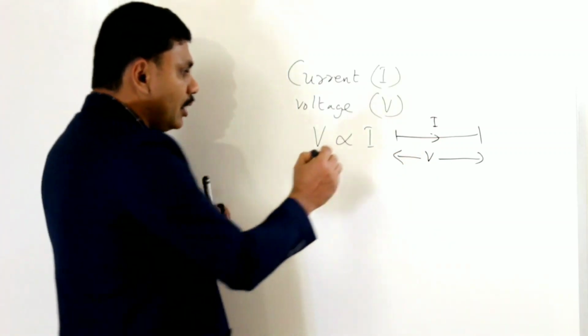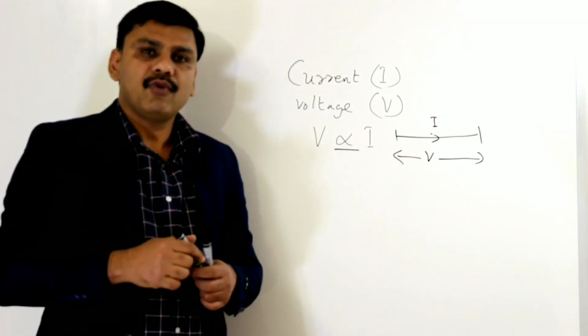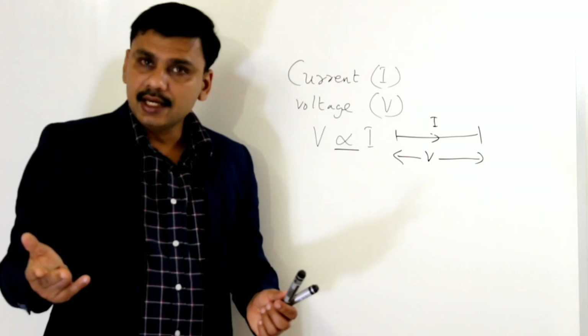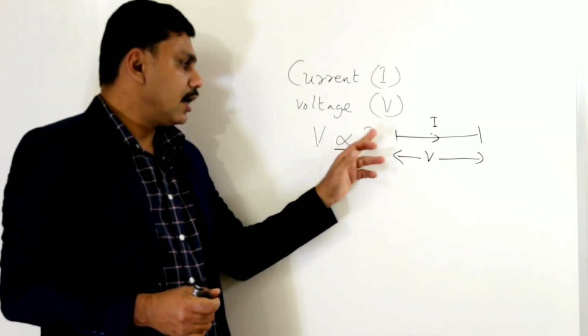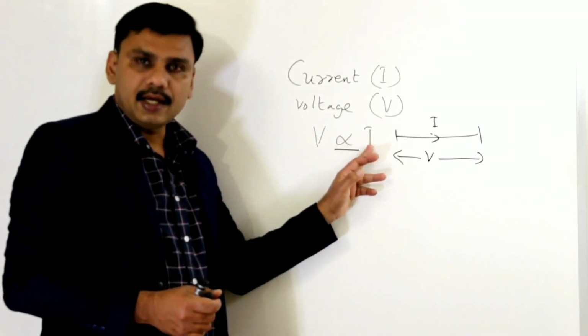So what does this symbol indicate? Directly proportional. Directly proportional means when one increases, the other will increase. When one decreases, the other will decrease. So here, when voltage increases, current will increase. When voltage decreases, current will decrease.